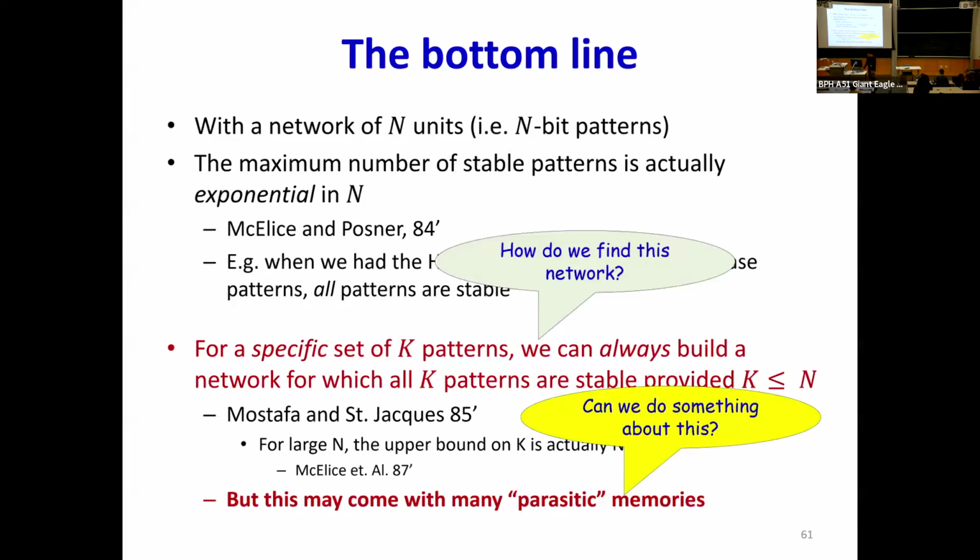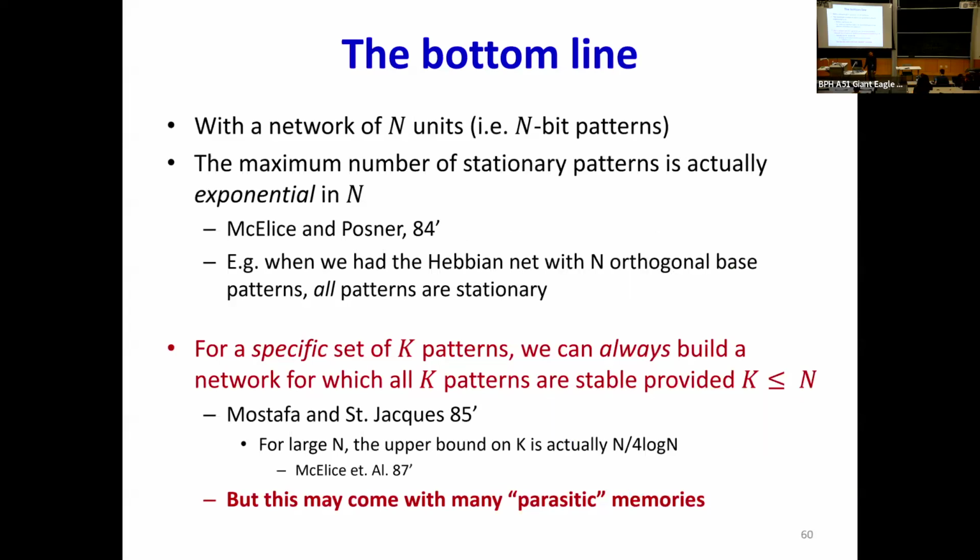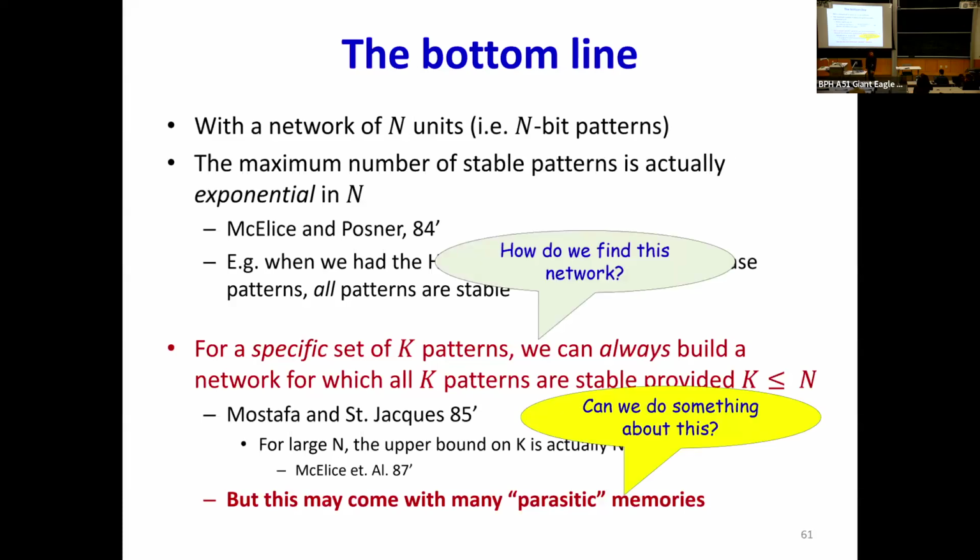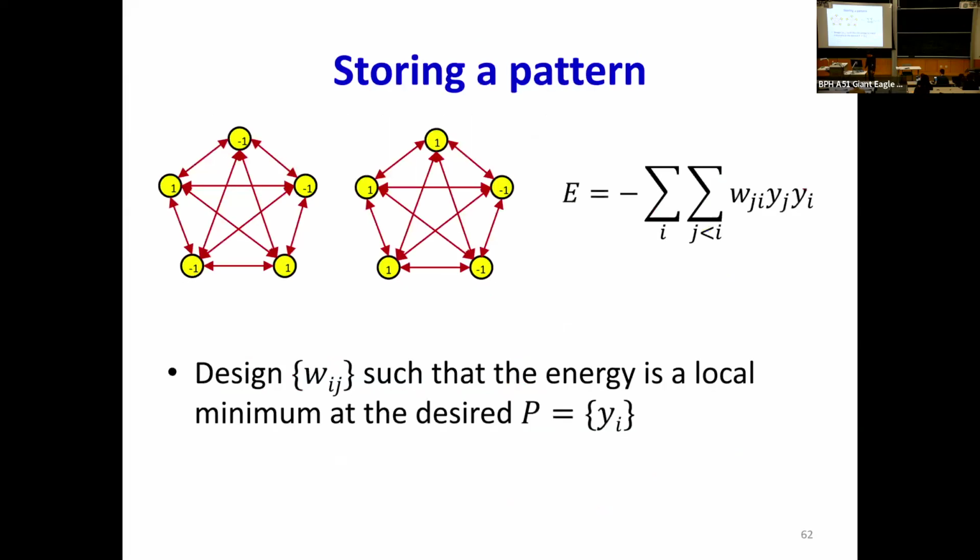The question is, I have a set of k patterns I want the network to remember. At the same time, the network may end up remembering things it was not intended to remember. So how do I find a network that stores a specific set of memories while minimizing the number of spurious memories it can recall?